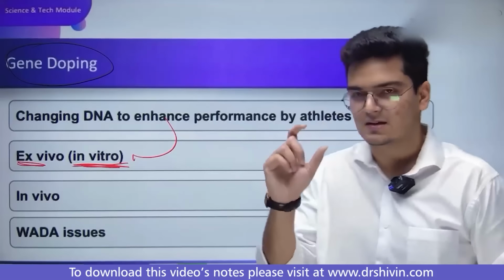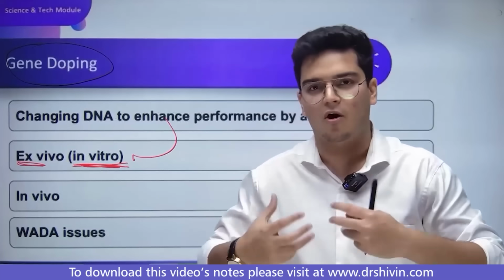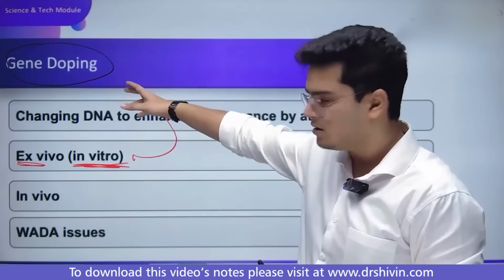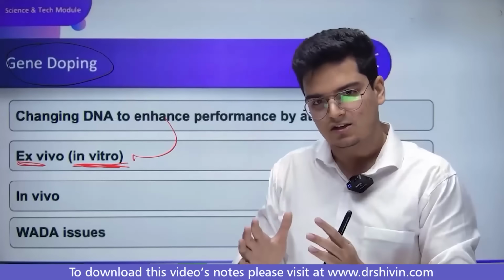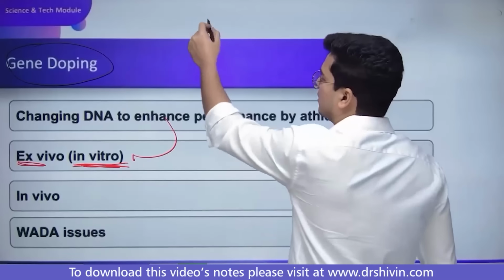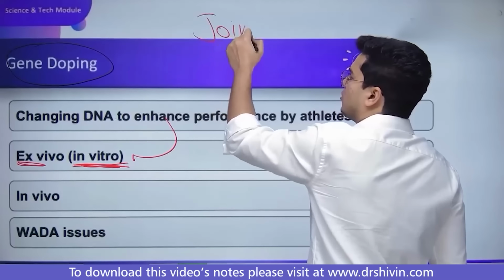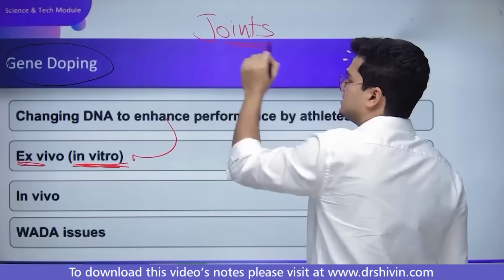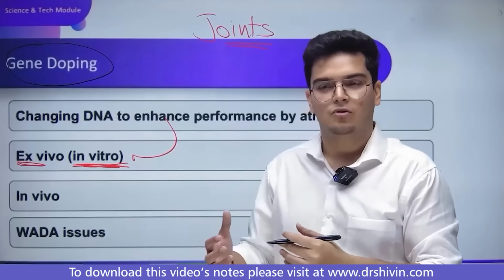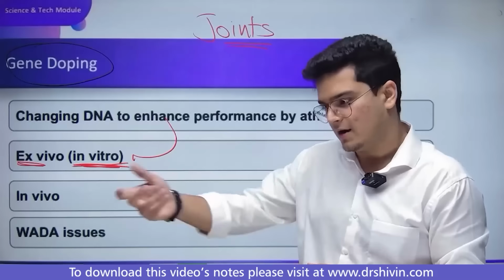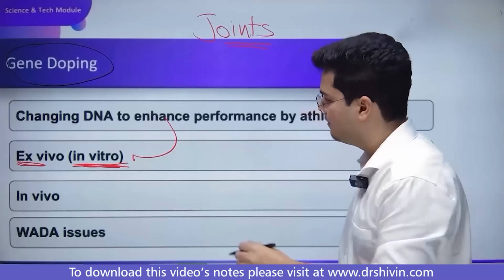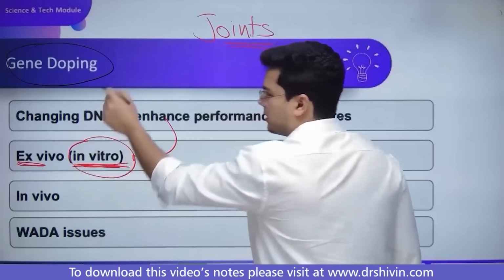So if certain cells are responsible for your performance, you take those cells out, modify them in the lab, give them the nicer genes for muscular function and give them back. For example, suppose the cells in our joints, if I put some gene into them from outside, which makes them more tolerant to running, so you will be able to run faster. I first take them out, then I inject the gene, then I put them back. This would be in vitro gene doping.